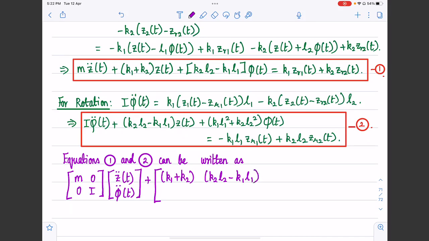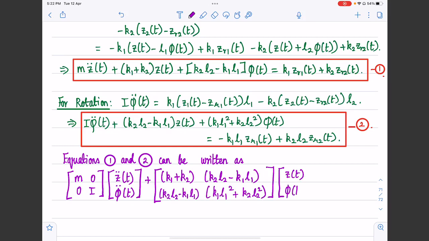We are just bunching the terms once again, right? By now, I'm sure all of us know how to do this. So we are essentially bunching the terms involving the accelerations and the displacements. The second row is k2 L2 minus k1 L1, and k1 L1 squared plus k2 L2 squared, multiplying z and phi.